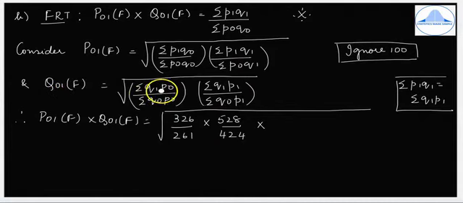So summation Q1 P0 will be the same as summation P0 Q1. The order is different, but the total will remain the same. So for summation Q1 P0, you will substitute 424, and summation Q0 P0 will be 261 into summation Q1 P1 is 528, and summation Q0 P1 is 326.